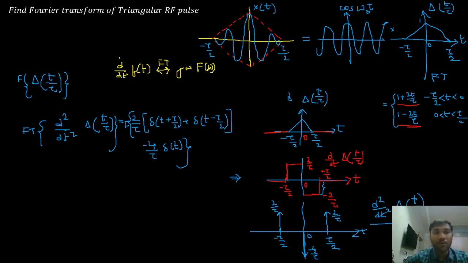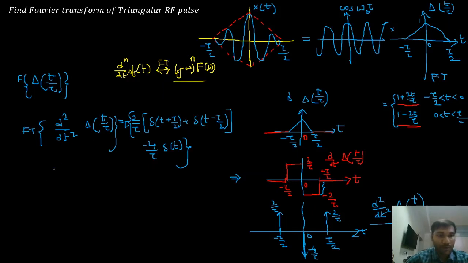If you prove this for multiple differentiations, it will look like this. d power n by dt power n of f of t will have the Fourier transform (j omega) whole power n into F of omega. So here n is equal to 2. So let me just substitute n is equal to 2 in this part.